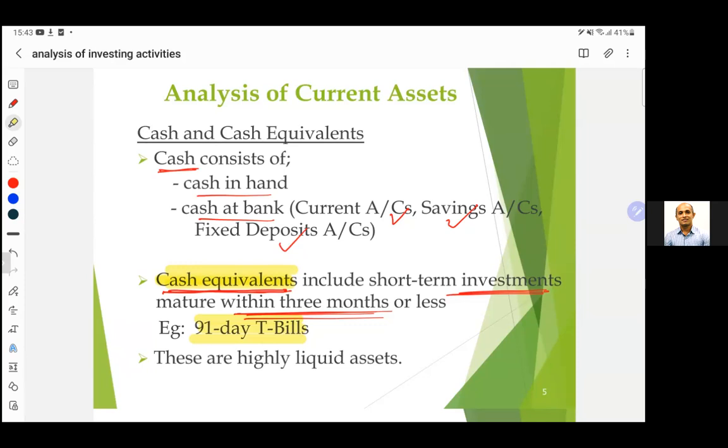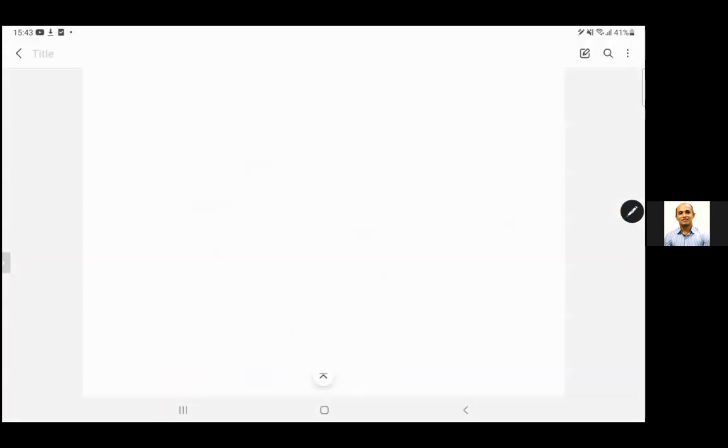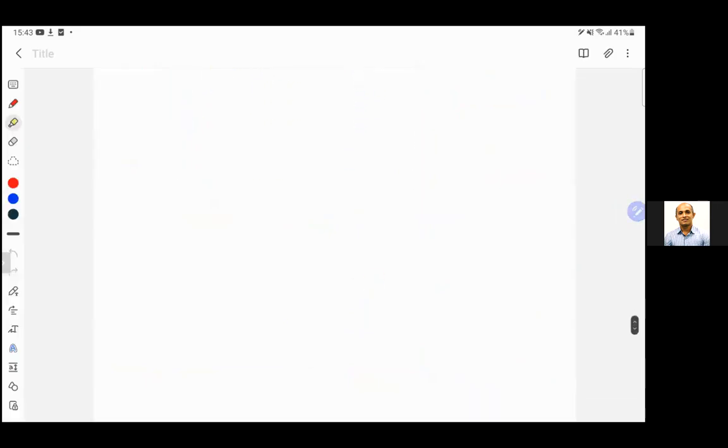Now think about companies' day-to-day operations. Think about a trading company. What are the day-to-day operations of a trading company?